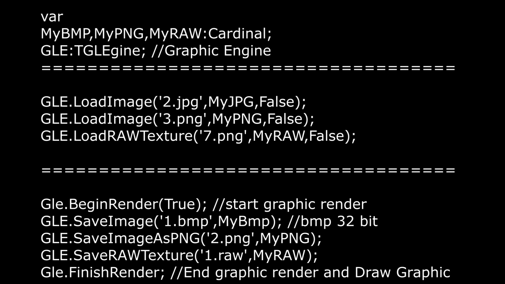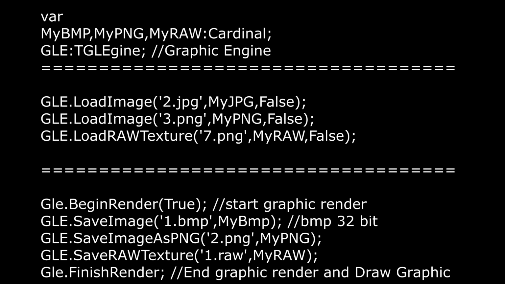GLEngine2D can also save an image in several ways. Saving the image should take place when the engine is in working condition, that is, you need to write commands between the begin render and end render methods. The first way allows you to save a bitmap. We call the save image method. Path and name are indicated in brackets so that the image is saved to a file at this path and with this name.